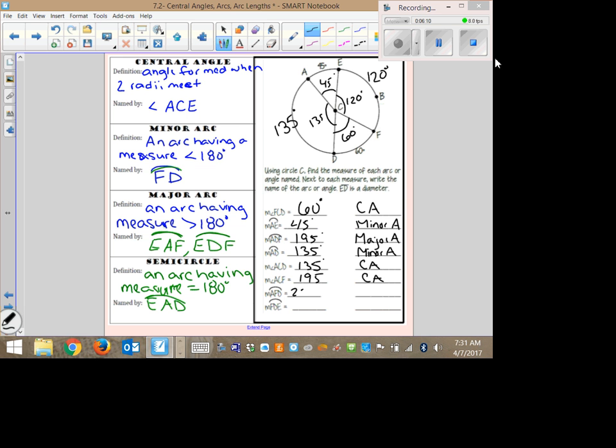Then 225 is a major arc because it's labeled with 3 points and it's greater than 180. And lastly, we have another major arc. Go through and make sure you see where we got all those numbers from.